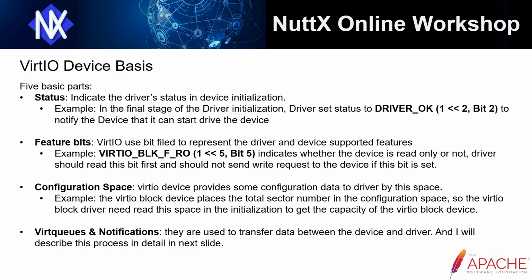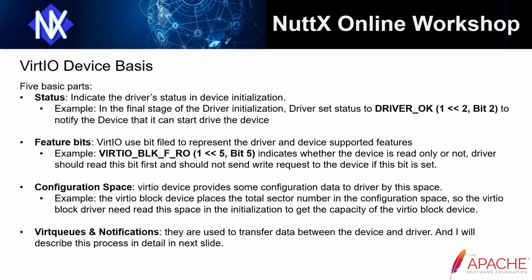The third part is the configuration space. VirtIO device provides some configuration data to the driver by using this space. An example is the VirtIO block device places the total sector number in the configuration space.